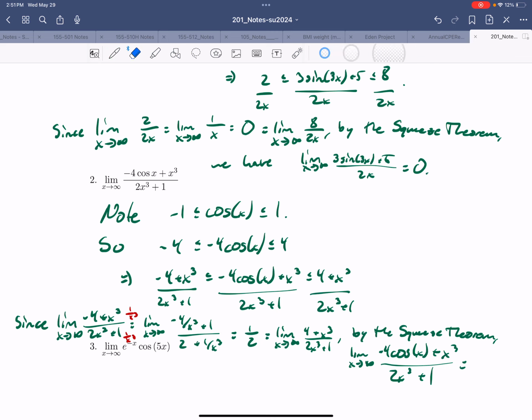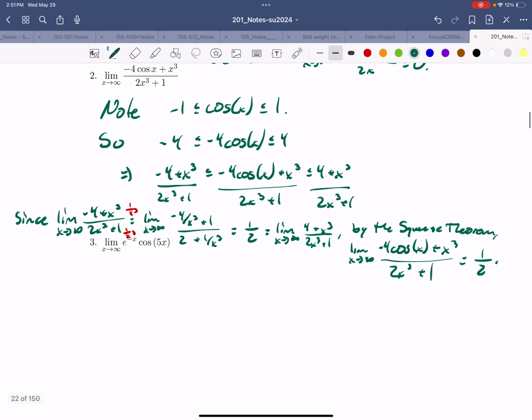Oh, actually, no, it doesn't equal 0. It equals 1/2. And maybe you could have noticed that because the coefficients are 1 and 2. The cosine term is negligible in size, but its oscillation did cause some problems and required us to use the squeeze theorem.